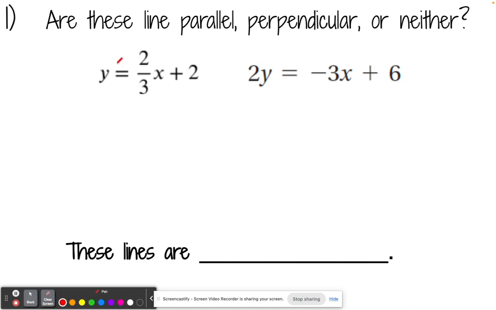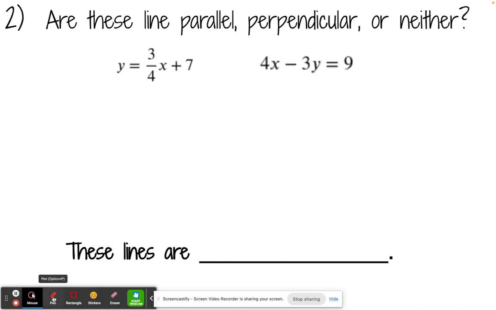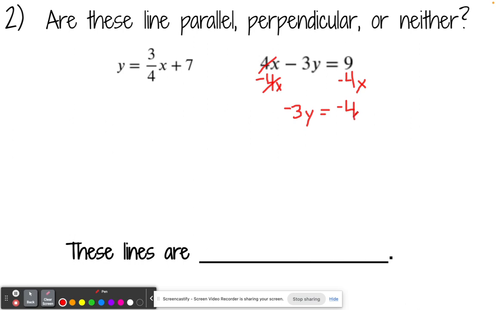Okay, let's look at these two. Parallel, perpendicular, or neither. Oh, this is the same one. I didn't click. I have 3/4. Let's see what this one is. I need to subtract 4x from both sides to get it in slope-intercept form. That gives -3y equals -4x plus 9. I'm not in slope-intercept form yet because I have that -3 attached to my y still.